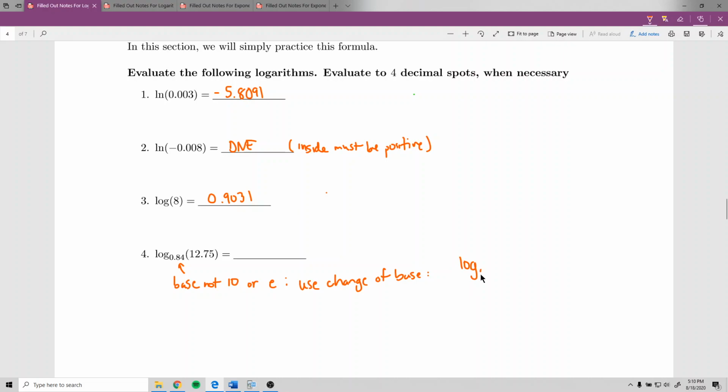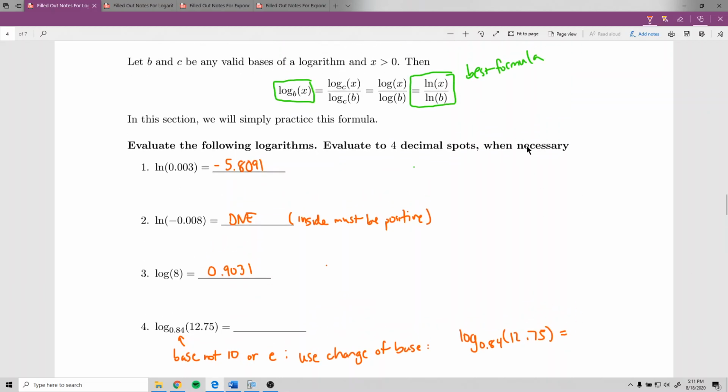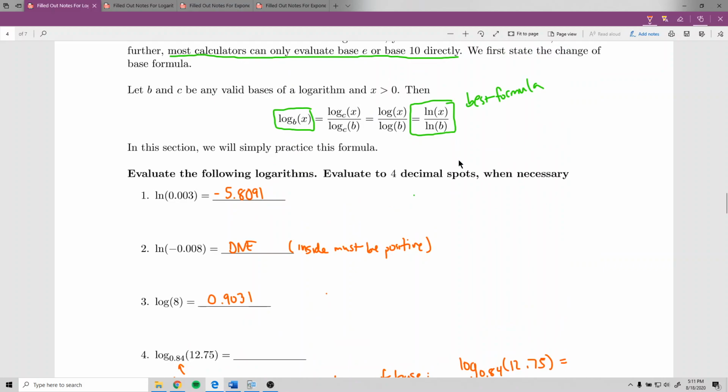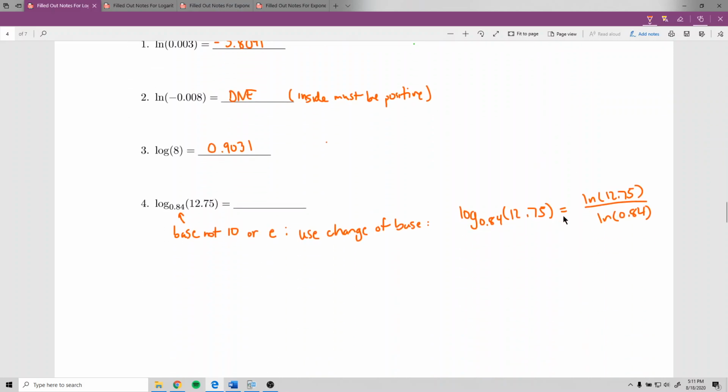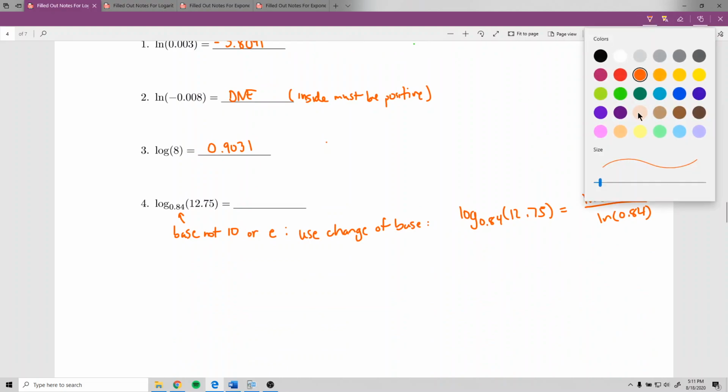We get log with base 0.84 of 12.75. Like we mentioned before, the change of base formula tells you to do the ln of the inside divided by the ln of the base. So this equals the natural log of 12.75 divided by the natural log of 0.84. And this is what we type in our calculator.